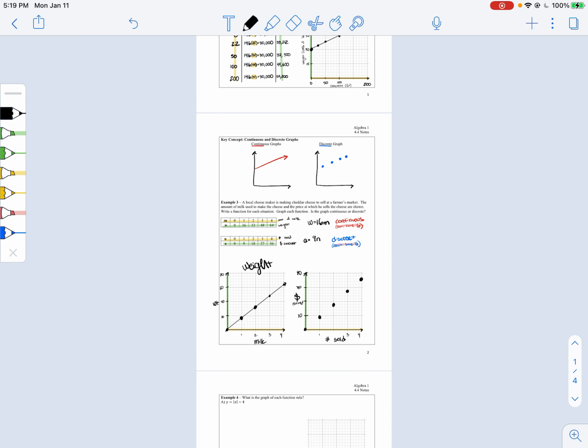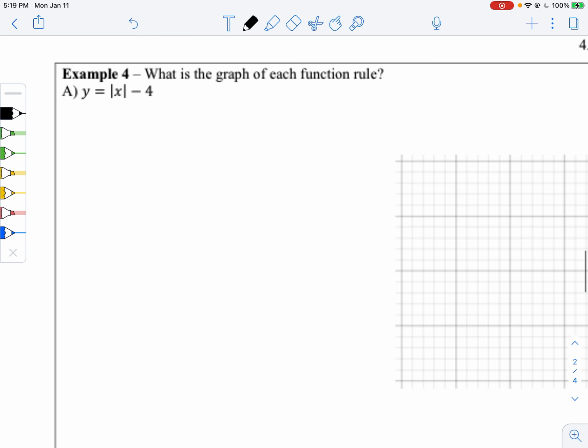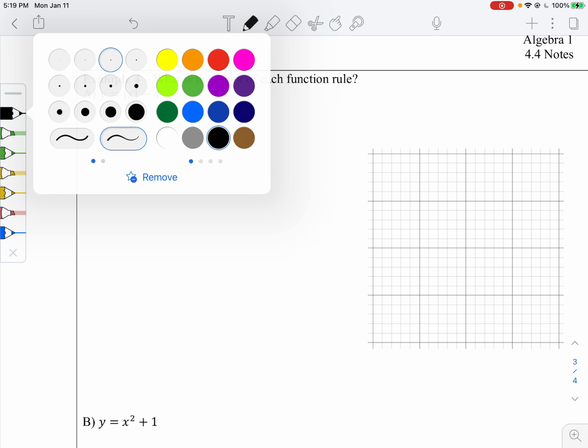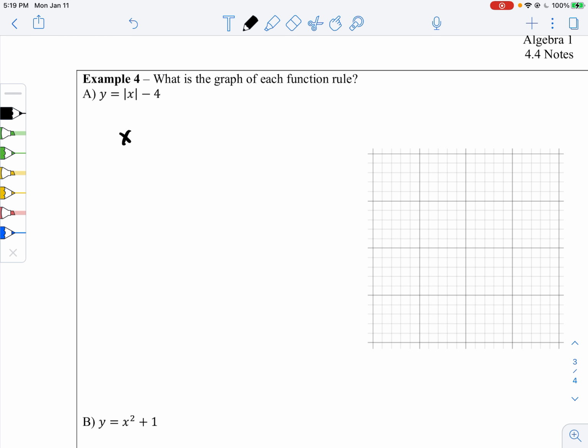What if we don't have a fancy situation? We just got a real funky mess going on here because this is not a line. Well, guess what, guys? The same approach applies. Just make a table with your x and your y, and then whatever y is equal to, your rule, that's going to go in the middle. So that's absolute value of x minus 4.